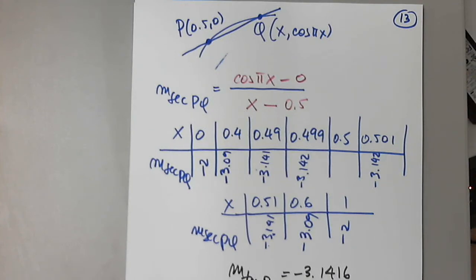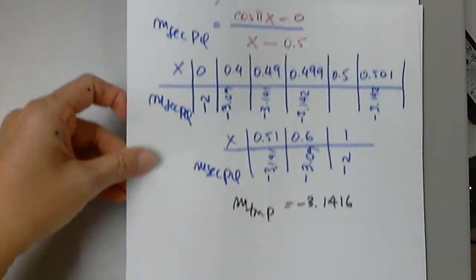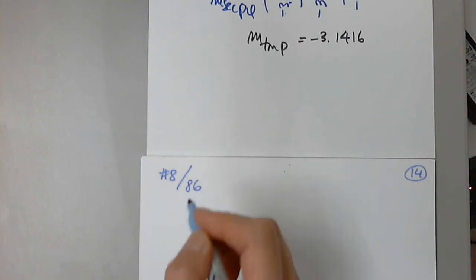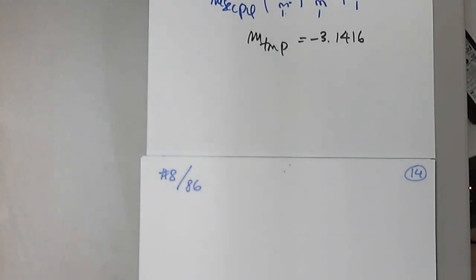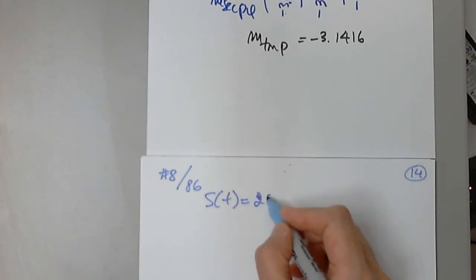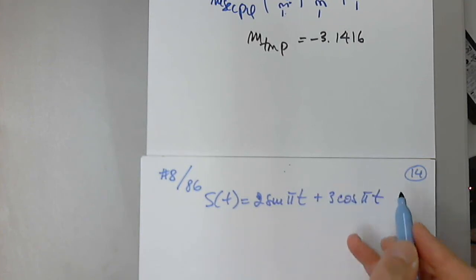Okay, what about number 8? This time we are talking about a velocity. Number 8 on page 86. The displacement in centimeters of a particle, the distance formula, moving back and forth along a straight line is given by the equation of motion s(t) = 2 sin(πt) + 3 cos(πt), where t is measured in seconds.